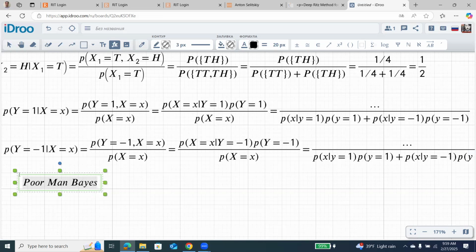Okay. Poor man Bayes classification is based on argmax of these two probabilities.